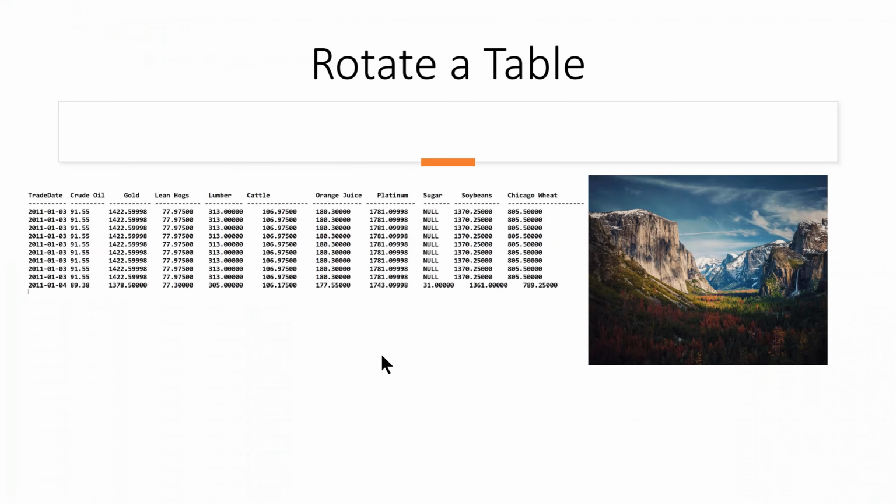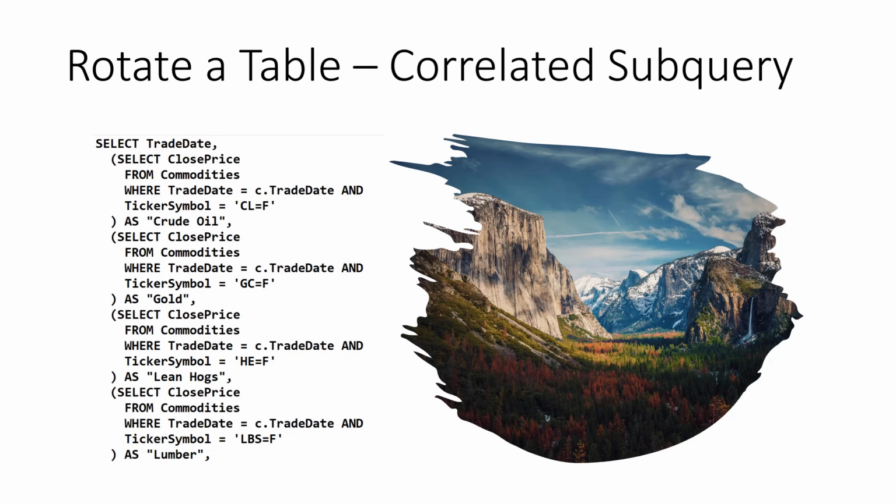We would have to rotate a table. Now I know this is small, but we have trade date, and then we have the closing price for each of the commodities: crude oil, gold, lean hogs, and so forth. So, how do we rotate a table? The answer to that question is that we rotate a table by using a set of correlated subqueries.